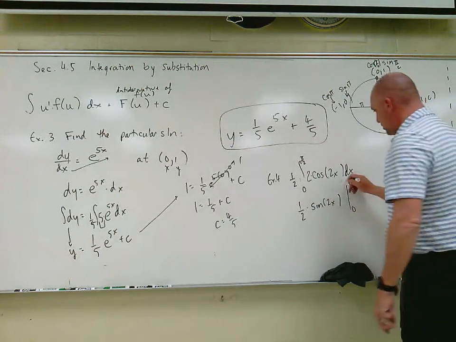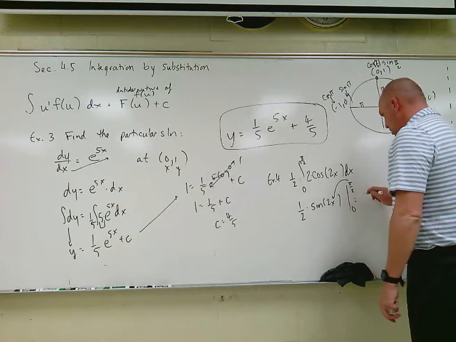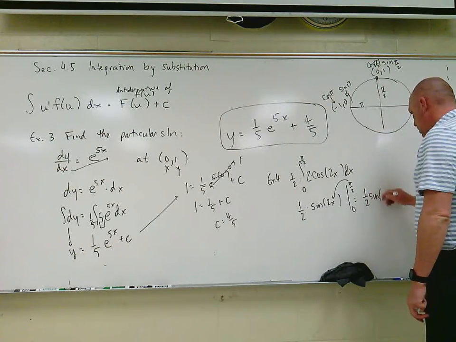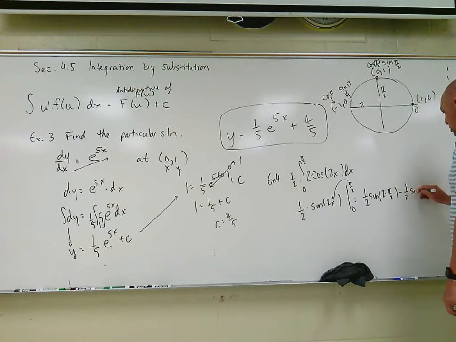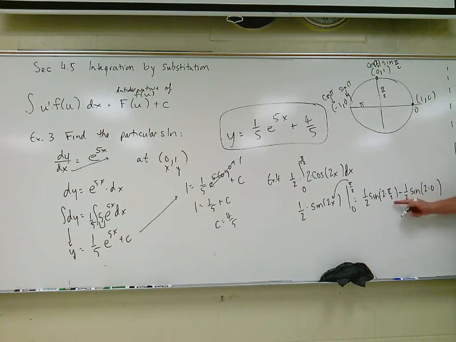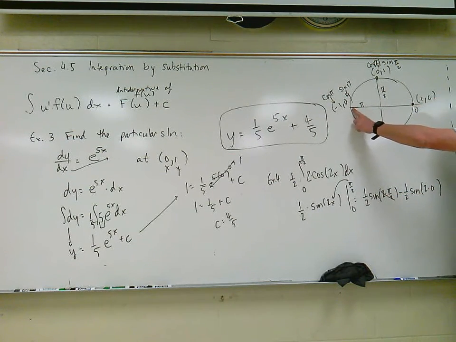So if I sub in my limit, it's going to be 1/2 sine of 2 times pi over 2 minus 1/2 sine of 2 times 0. So let's go one at a time. 2 times pi over 2 reduces to just pi. So sine of pi, I go to the unit circle, angle pi is here. Sine is always the what coordinate?